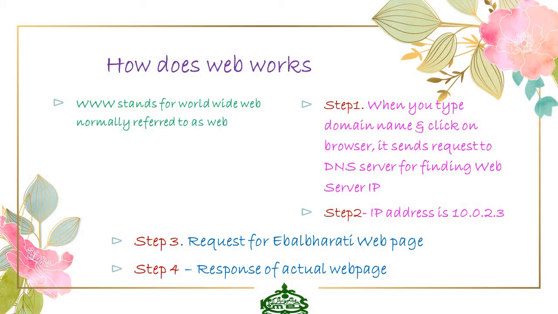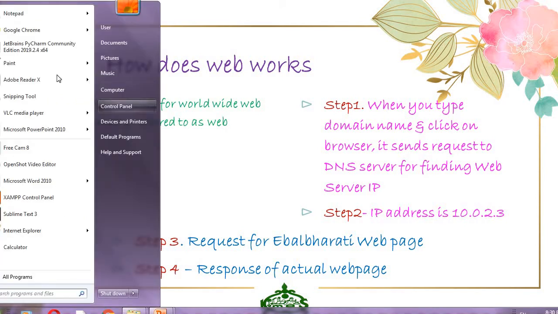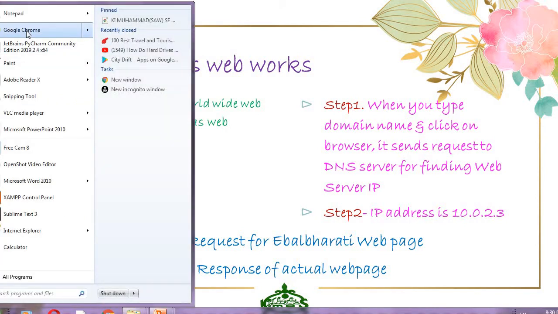Now, how does the web work? First step: when you type a domain name and click on the browser, it sends a request to the DNS server for finding the web server IP. Here I am starting a browser, whose name is Google Chrome.